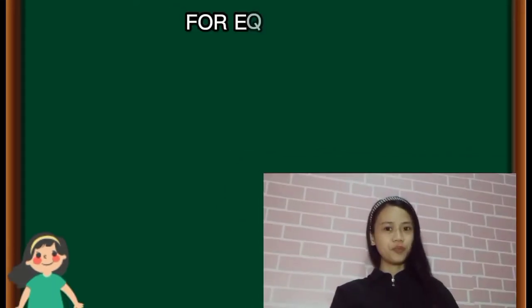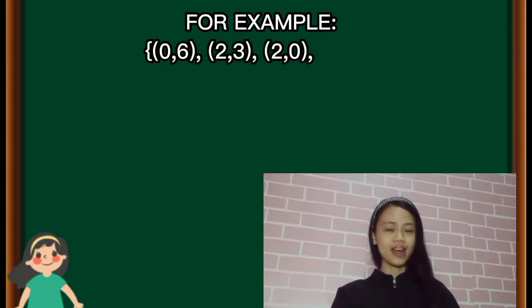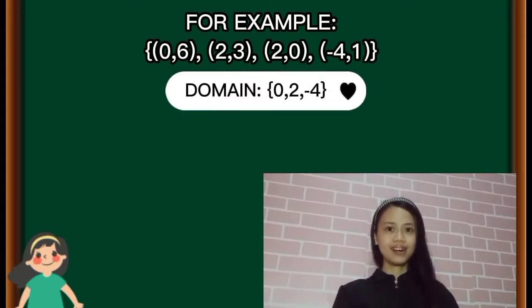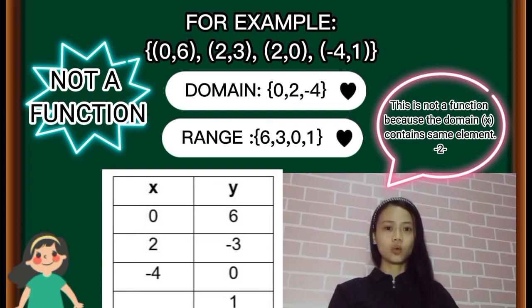For example, a relation of (0, 6), (2, 3), (2, 0), (-4, 1). So, the domain in the given are 0, 2, and -4, while the range are 6, 3, 0, and 1. We can also use a table to distinguish them.